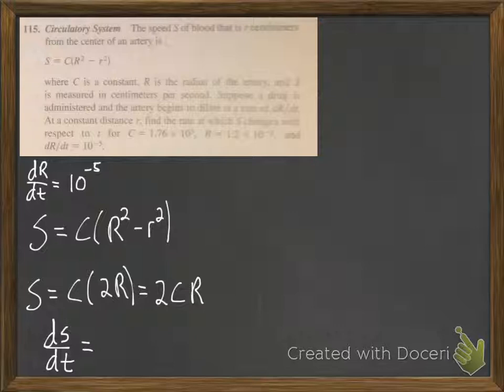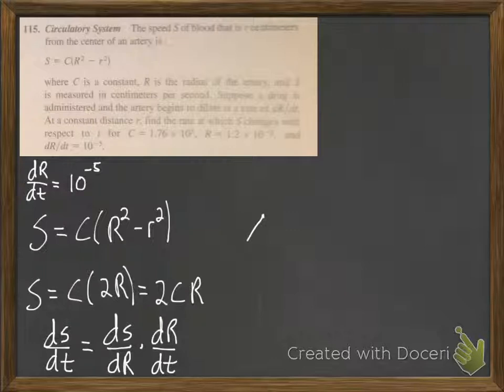Well, by the chain rule, dS/dt is dS/dR, which we've now just found, 2cR, times dR/dt. So now it's just a matter of plugging in what we know.